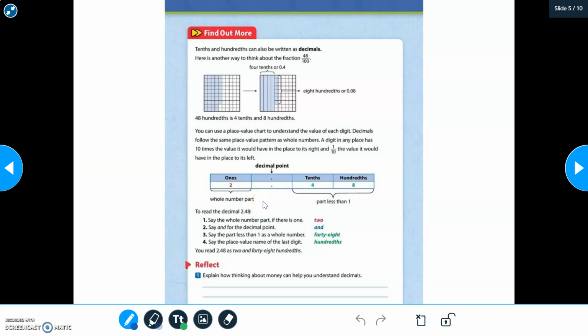If we had $2.48, or like on the previous page, it said 248 pennies, which is equivalent to $2.48. If we wanted to write it as a decimal, we will write 2, the decimal point, 48. We will have a 4 in the 10th place and an 8 in the 100th place.